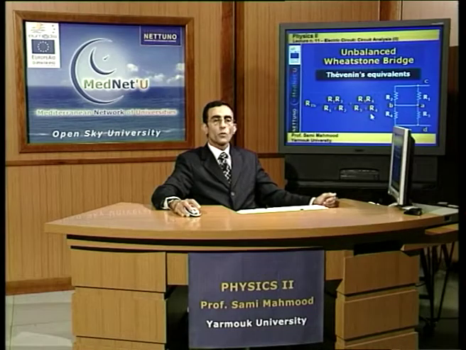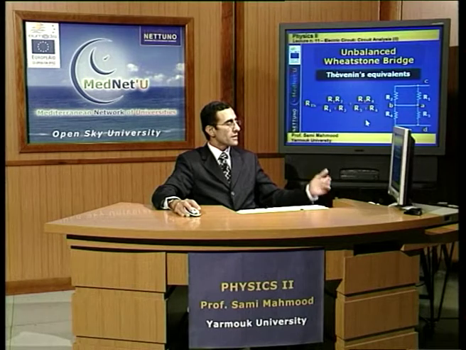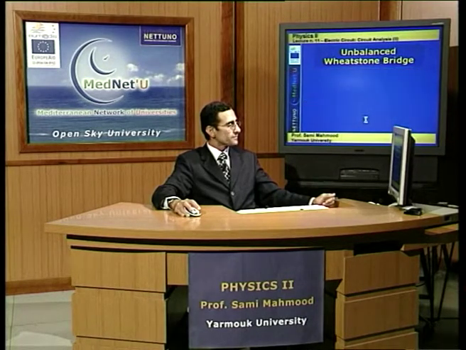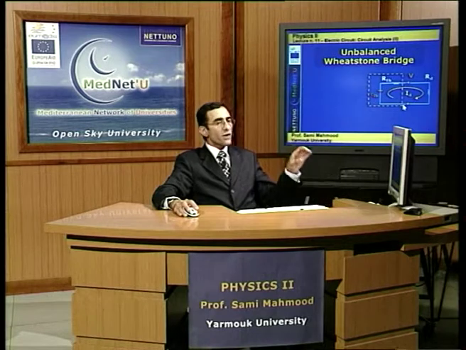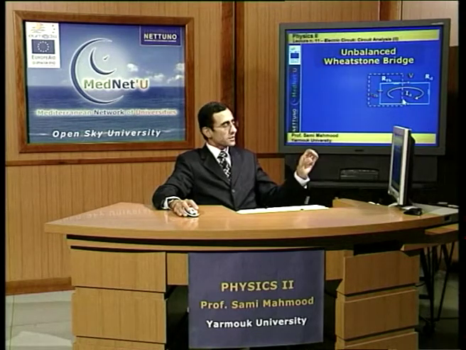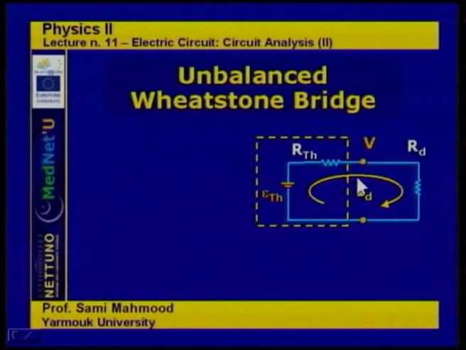So thus, we have calculated R Thevenin, and we have calculated also epsilon Thevenin. These are the Thevenin's equivalents. And now, once we have obtained Thevenin's equivalents, we have a very simple circuit, Thevenin's circuit, which has R Thevenin and epsilon Thevenin in a box.